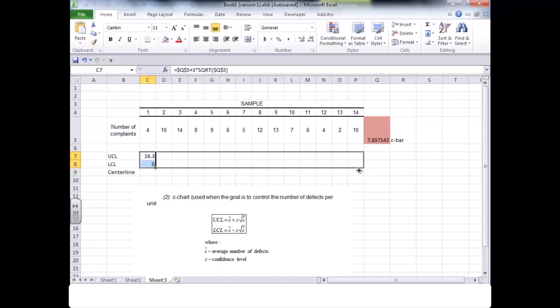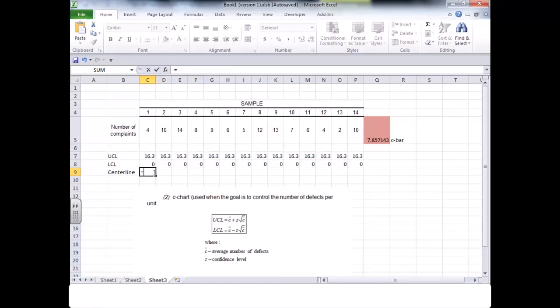Copy this across. Good. The center line is simply Q5. Copy that across.